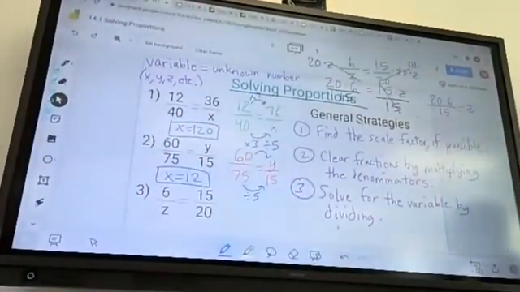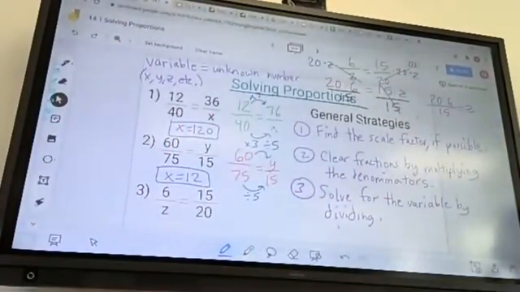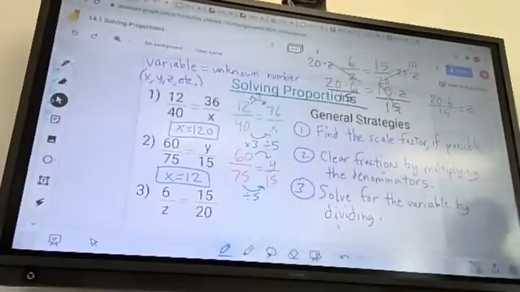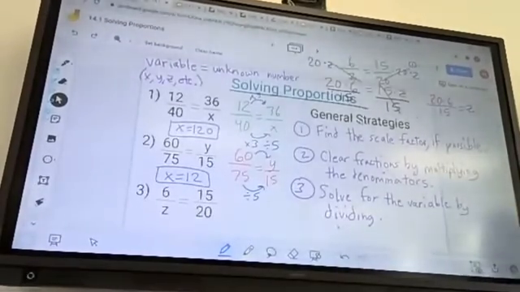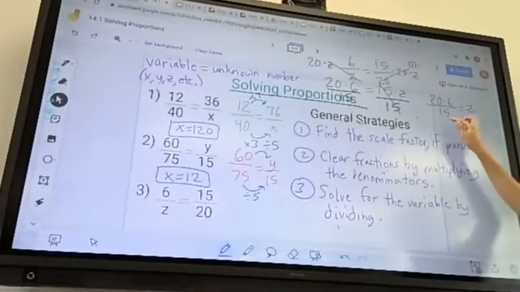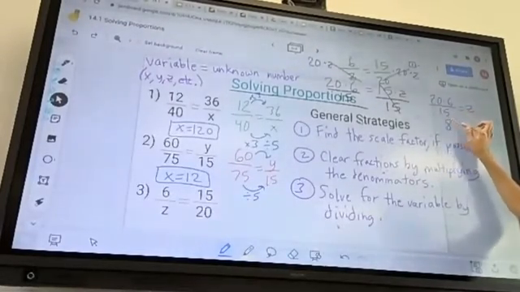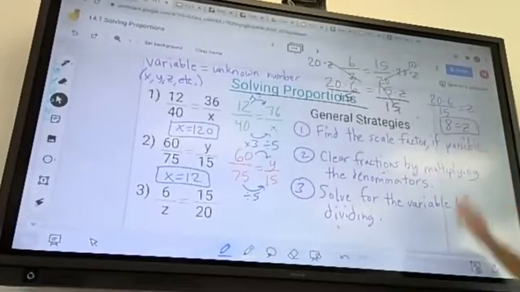And 120 divided by 15, I think it's going to equal 8. 120 divided by 15, 8 times 15 is 120, yeah. So z is equal to 8 is our answer.